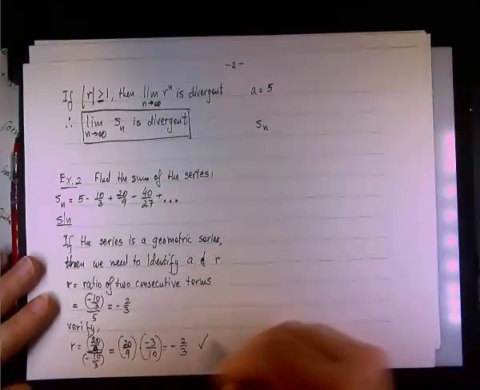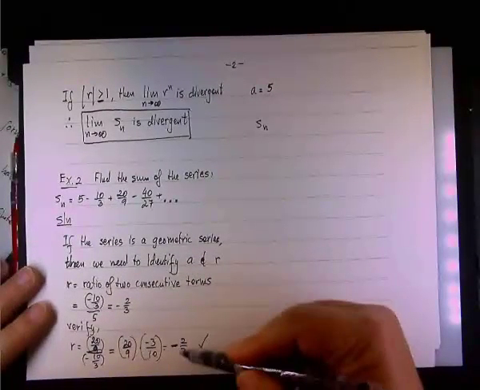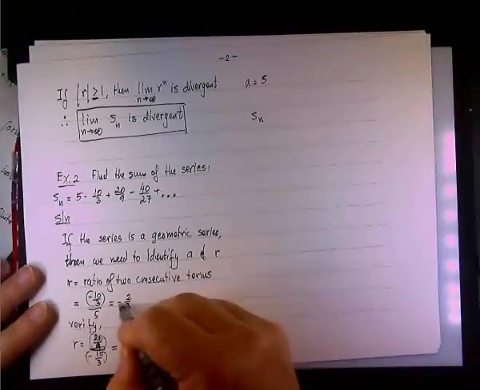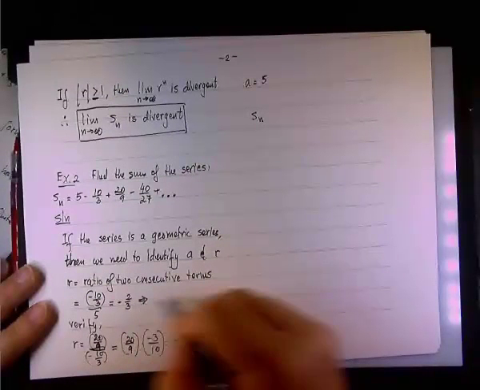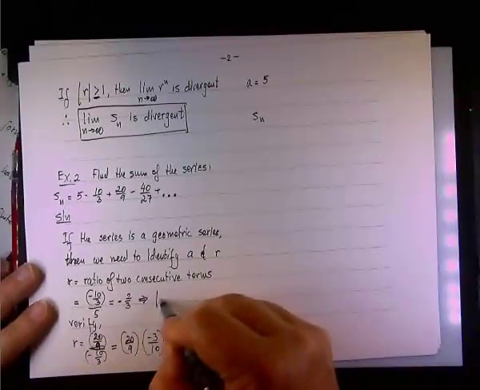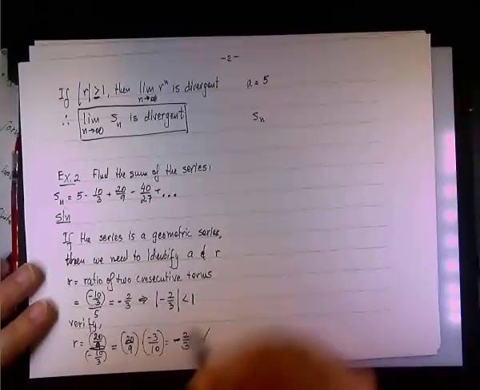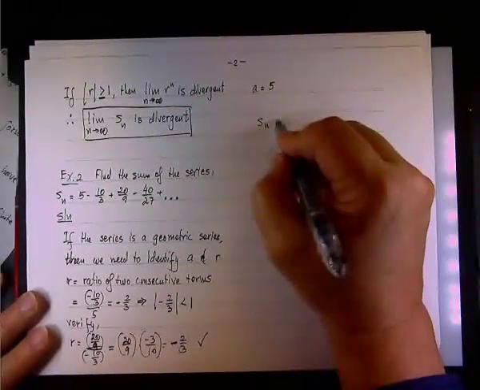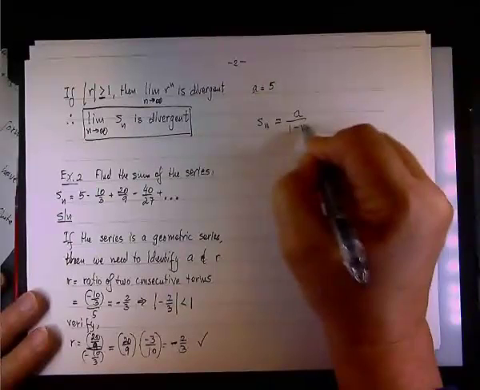And now, because we have R and we have A, we know that S sub n, because the absolute value of R is less than 1, let's write it. The absolute value of negative 2 over 3 is less than 1, we have a convergent series.